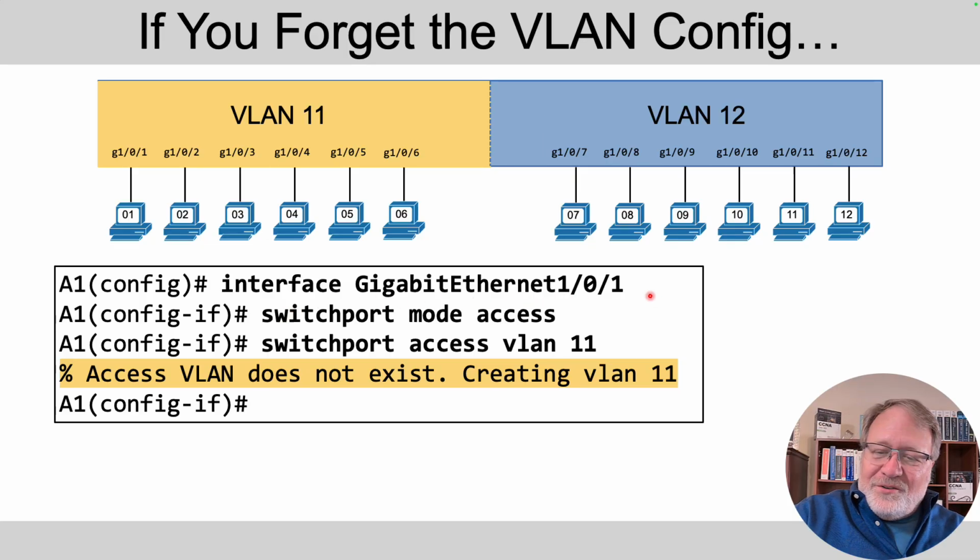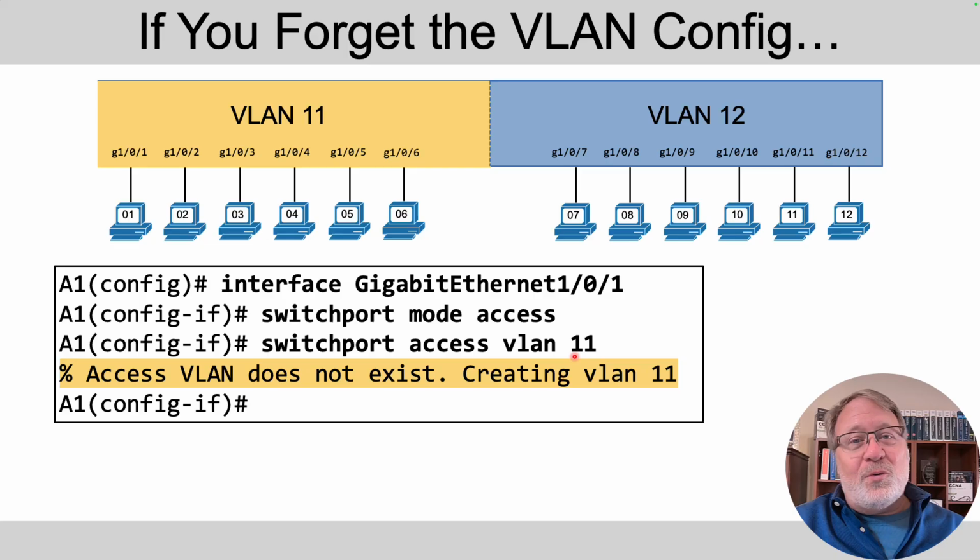Interface, gigabit, whatever, switchport mode access, switchport access vlan 11, referring to a VLAN for which there's no global vlan 11 command. IOS recognizes that and gives you this message, hey, the access VLAN does not exist. I'm creating it. And it creates the vlan 11 global command for you, so you're already taken care of.